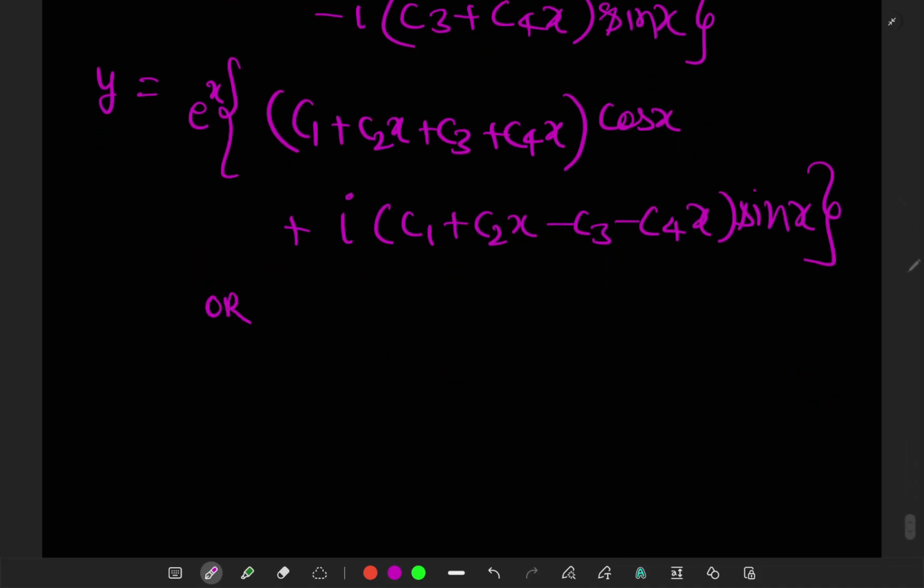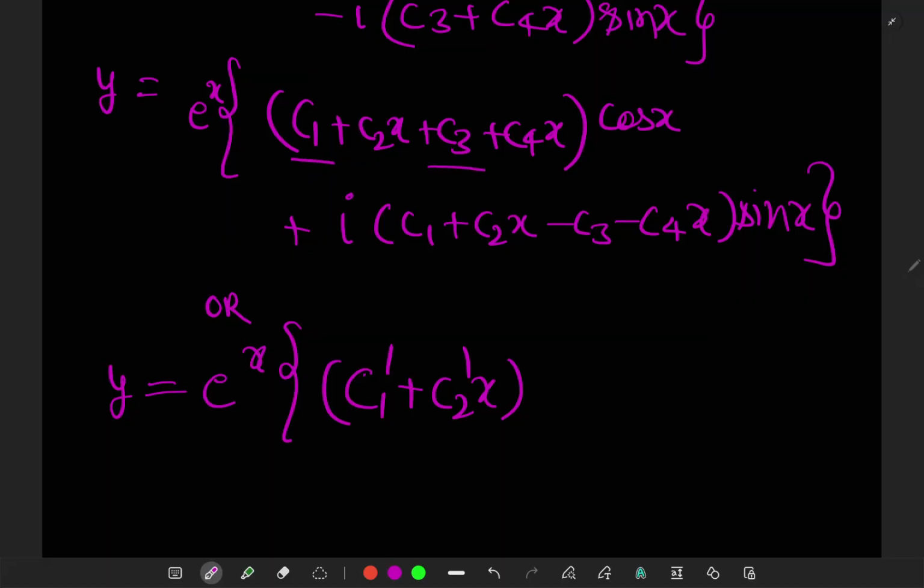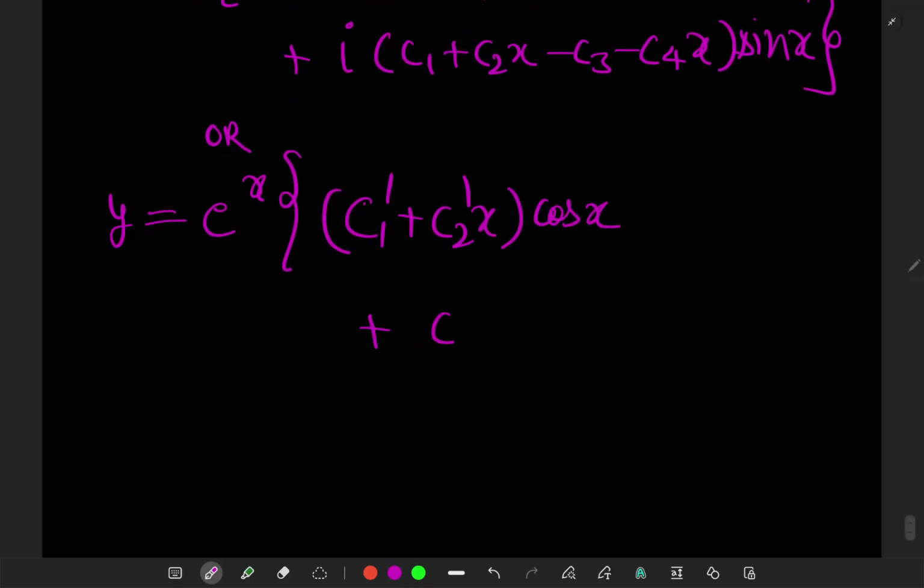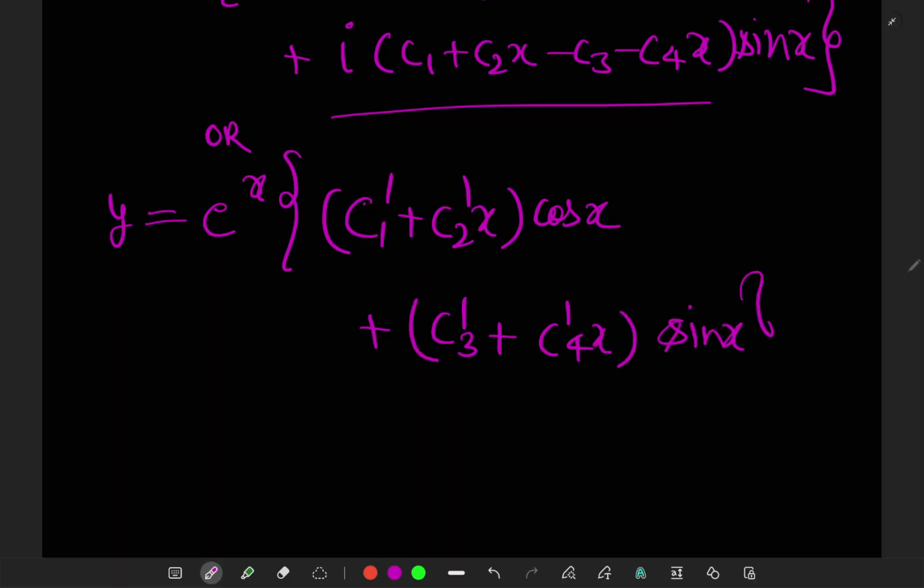Or we can write here, because c1, c2, c3, c4 are constants, so we can write here like that: c1 plus c3 is equal to c1 dash, and c2 x plus c4 x is equal to c2 dash x. And similarly for this equation also, c3 dash plus c4 dash x sin x.